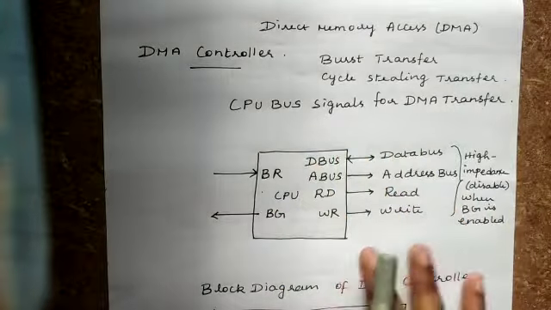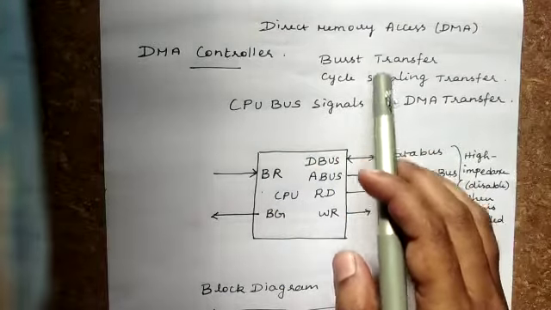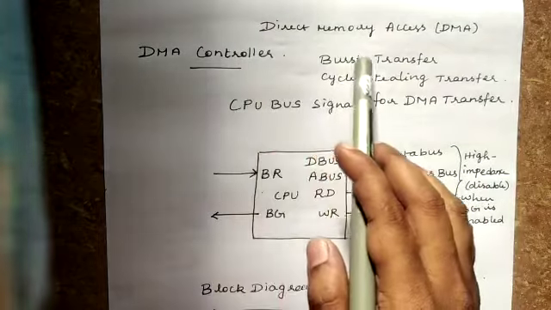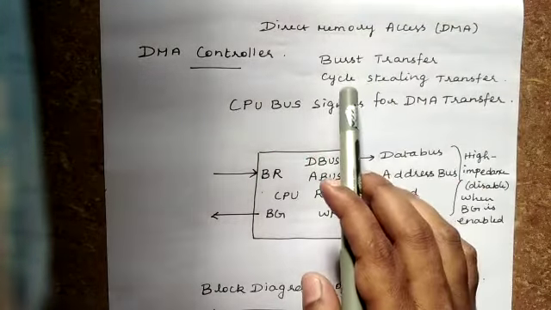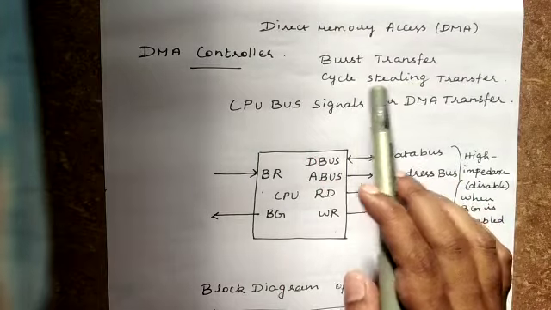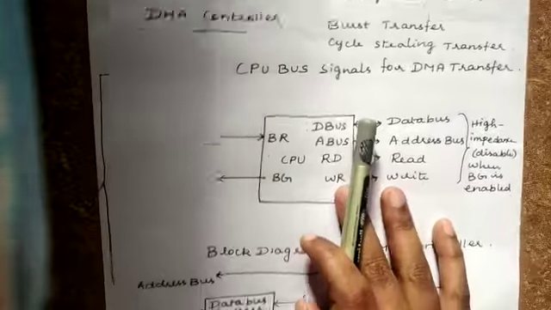We'll discuss that. So these are the two types of transfer in the DMA controller: either it will transfer the block of memory at a time, or only one data word at a time. This is cycle stealing transfer.